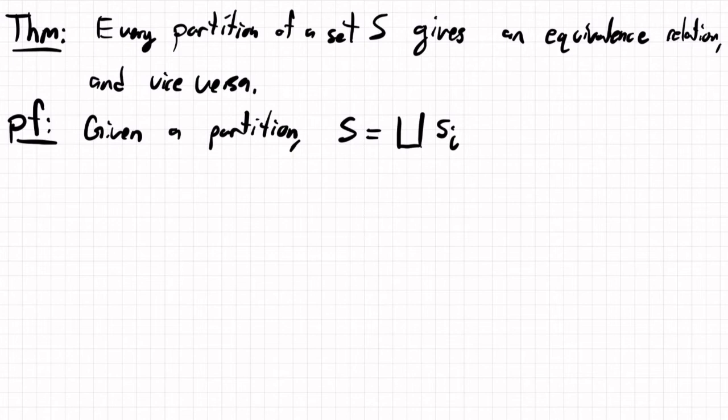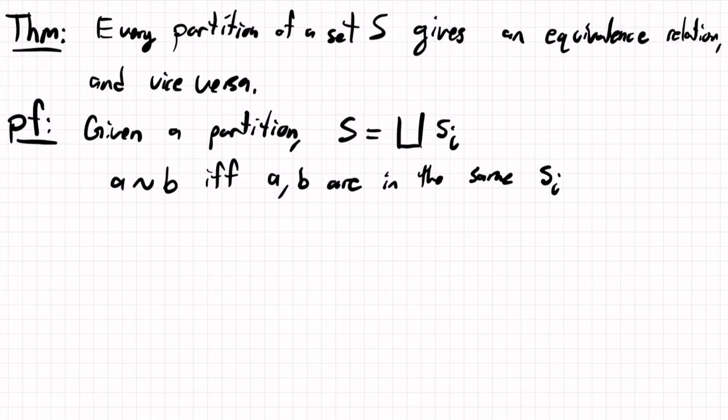So if I have a disjoint union like this, I can say that A is equivalent to B if and only if A and B are in the same S_i.